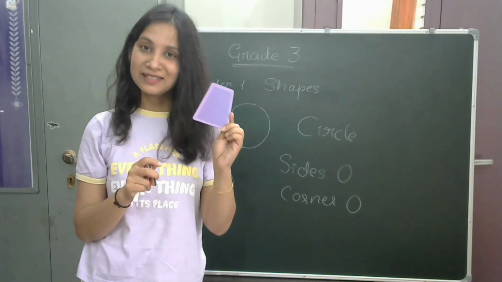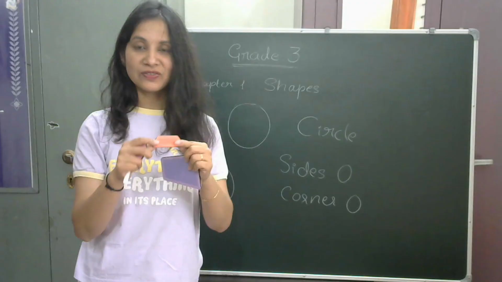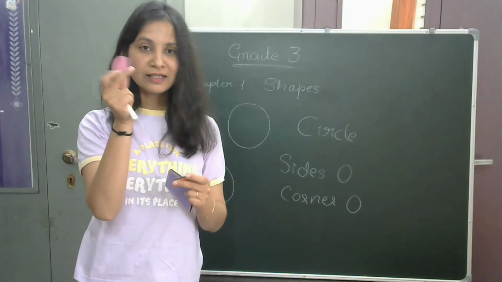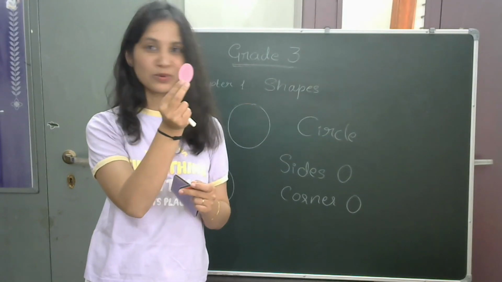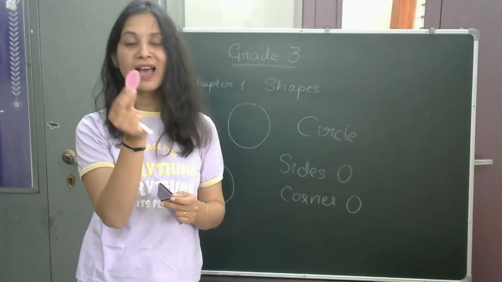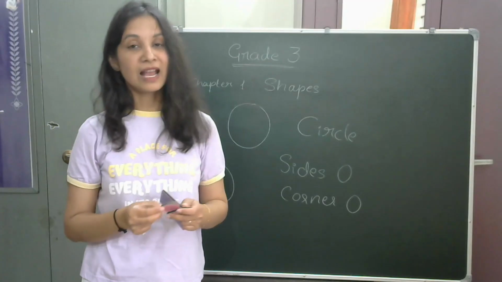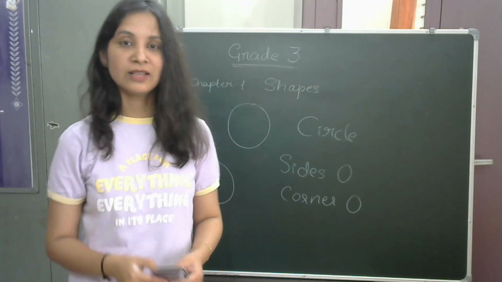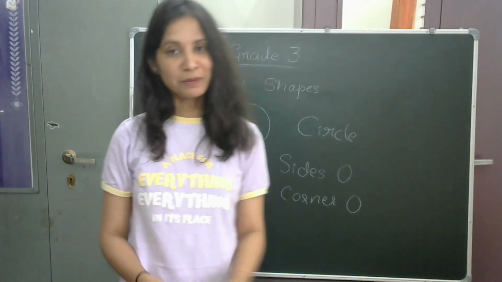No, but it has a different name, as well as this one. And is it a circle? No, it also has a different name that we will learn later. But today we are concentrating on 4 basic shapes, right?